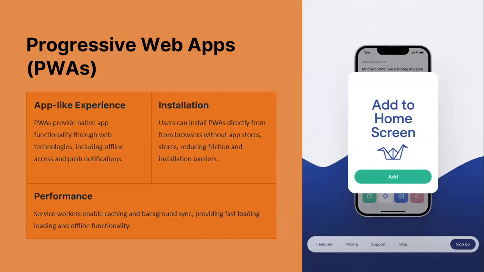Performance: service workers enable caching and background sync, providing fast loading. Yeah, so when you do this, it behaves as if everything is stored on your system. Meanwhile, it is still a web app. It still has a server, but it loads that screen for you like you've installed it on your system. Meanwhile, it is not installed on your system.